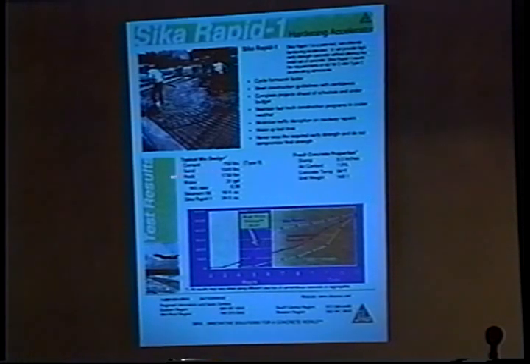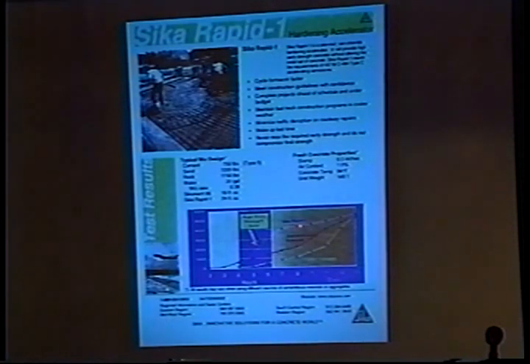And again, notice the cement content is 750 pounds. Nothing real unusual there. They are using a water reducer or a superplasticizer in it. But here, if you can kind of see this graph, this is normal concrete here. And you can see after 8 hours, they're up about 1,000 psi with normal concrete.